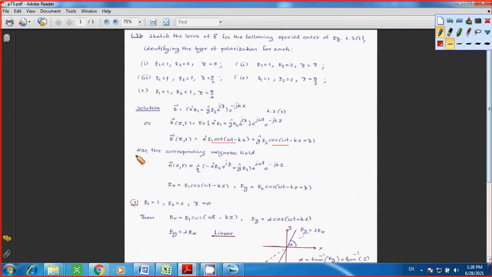E equal to eta H. And that's going to be negative unit vector X, E2 e to the J psi, plus unit vector Y, E1, and then exponential J omega t, and exponential negative JKZ. This is in the time domain, and this is in the Z domain.